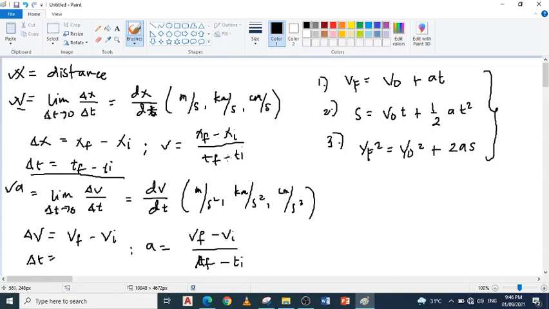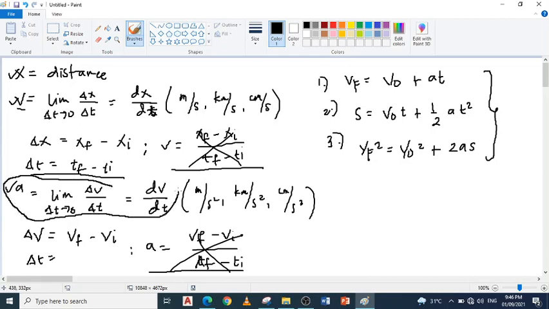Okay? So, those are the formulas na kailangan nyo lang i-memorize. Okay? Pero kahit wag nyo nang i-memorize to, as long as you know this one, yung limit na yan, and then that is the derivative of the velocity.